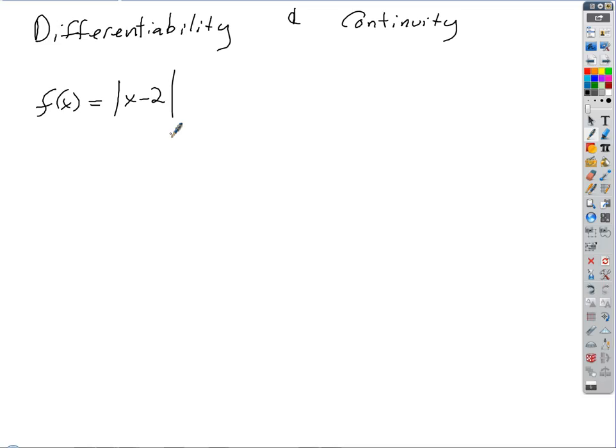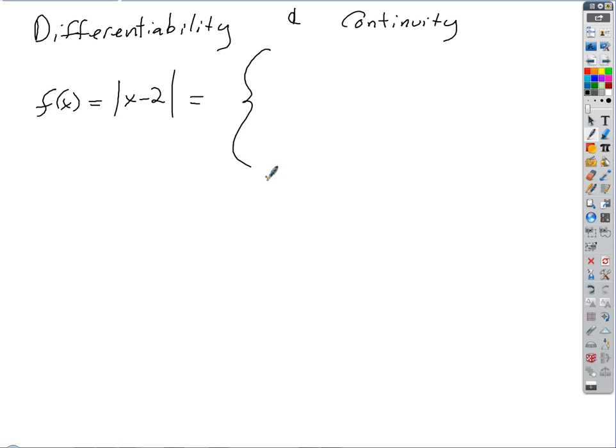Piecewise, yeah, right? Does that make sense? So this needs to be a piecewise function. The way we write it might be a little different from what you did in algebra 2, but either way works. We're going to write this as 3 pieces: 2 big pieces and then the boundary between the 2.